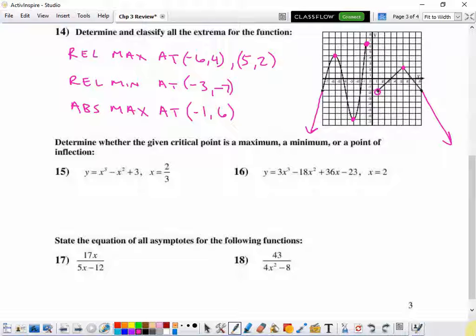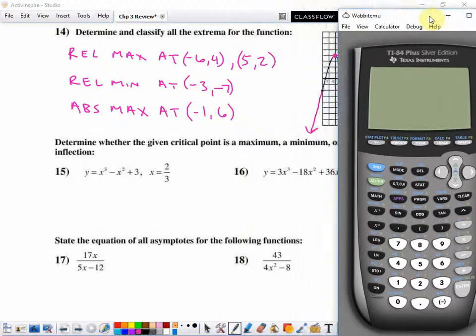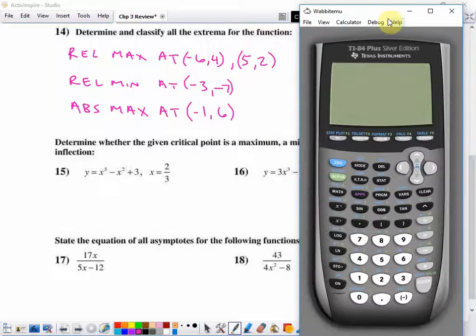Next, we want to determine what kind of critical point we're looking at. So we need to graph this equation. So we'll graph y equals x cubed minus x squared plus 3.